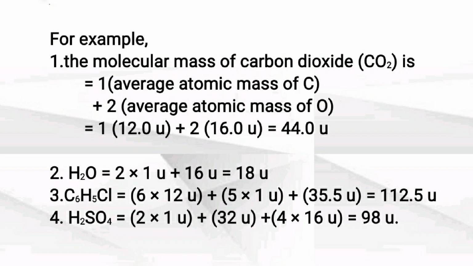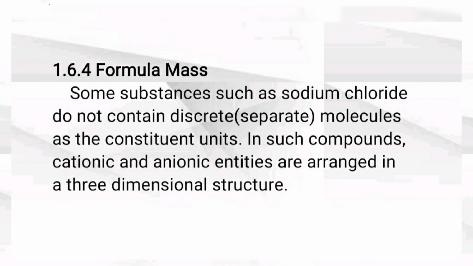Now we'll start the next topic, 1.6.4 formula mass. Some substances such as sodium chloride and potassium chloride do not consist of separate molecules as the constituent unit. In such compounds, cations and anions, that is cationic and anionic entities, means particles, are arranged in a 3D structure.